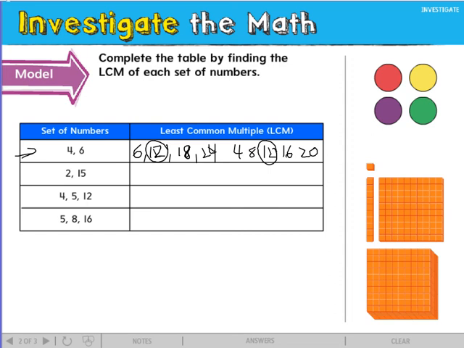My multiples of 2, I'm going to need a whole lot in this case, because just to get to 15, it's going to take 7, because 7 times 2 is 14, and then 8 times 2 is 16. So I'm going to do this one a different way. Tonight with your homework, they want you to list the factors for all the numbers.